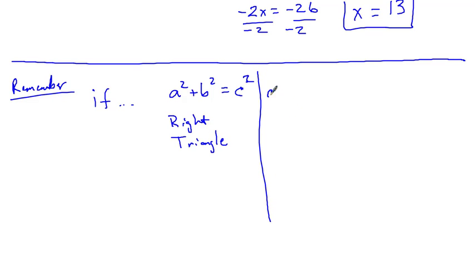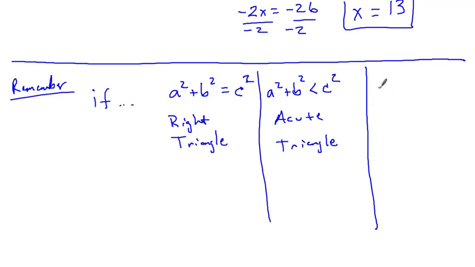But if a squared plus b squared is less than c squared, that is an acute triangle. And last but not least, if a squared plus b squared is greater than c squared, that is an obtuse triangle. So don't forget those facts.